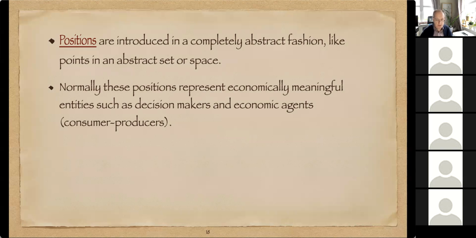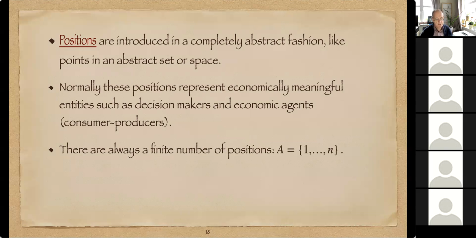Yeah, those are different things. And so the story that we tell with them is very important for economics. But in the mathematics, it's exactly the same thing. These positions are positions, and we can describe them by an abstract set, and we call that set A. So A is equal to a finite set of positions, 1 through n. Yeah? Okay.